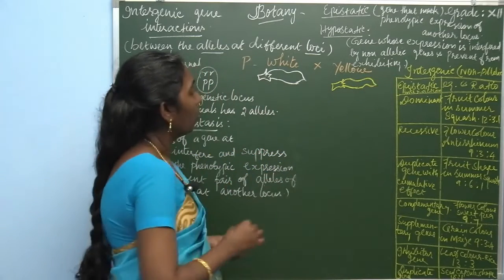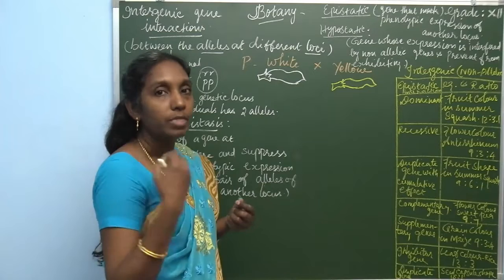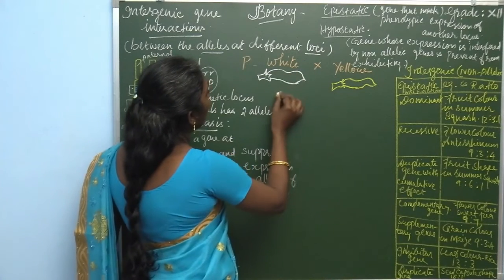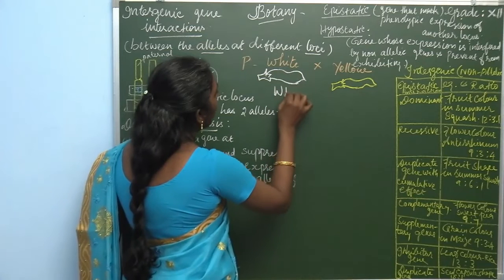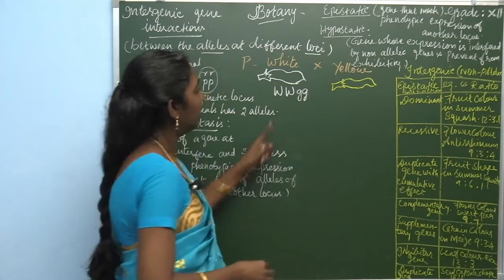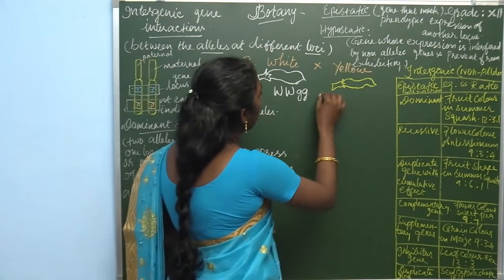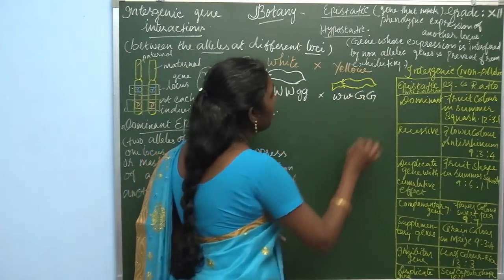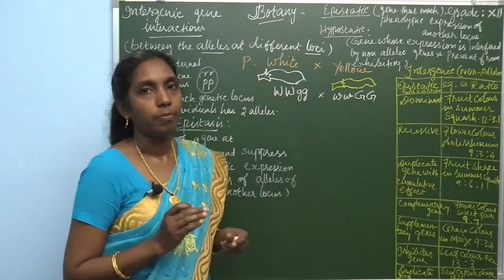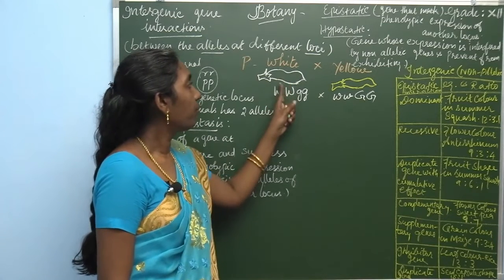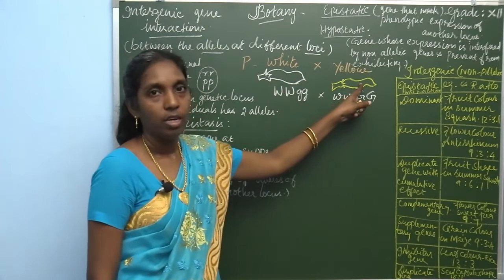So white and yellow. The gene pairs, the allelic expressions, are capital W, small g with small w, capital G. This is the parent. The parental characters are capital W, the white fruit, and the yellow fruit.